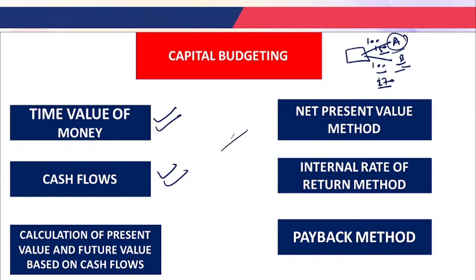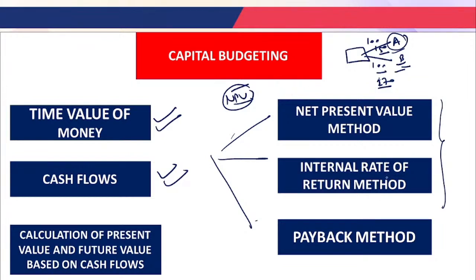And these are the different methods based on which you will get multiple questions in the examination: net present value method, internal rate of return method, and payback method. You have to understand from the basics how we can calculate the questions based on the net present value method, where you calculate the net present value of all future cash inflows, which is minus the investment plus the present value of all future cash inflows.